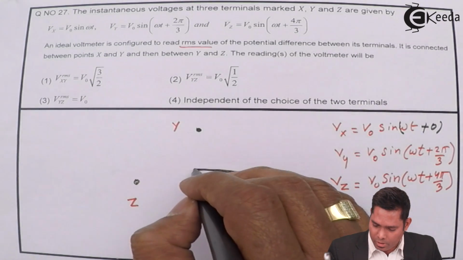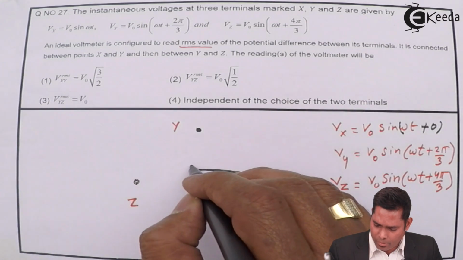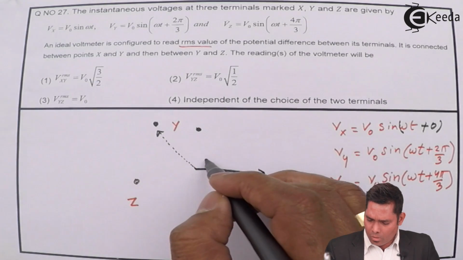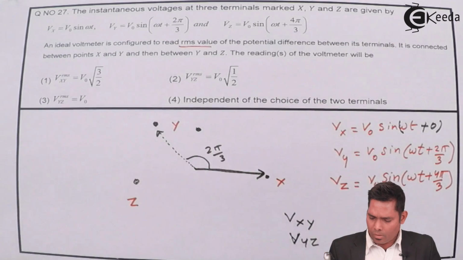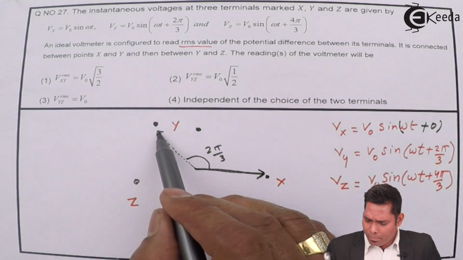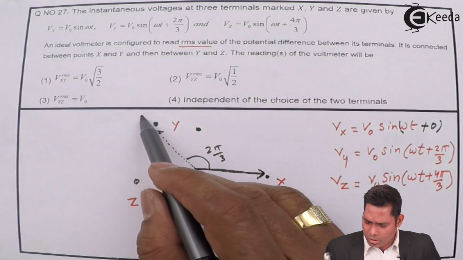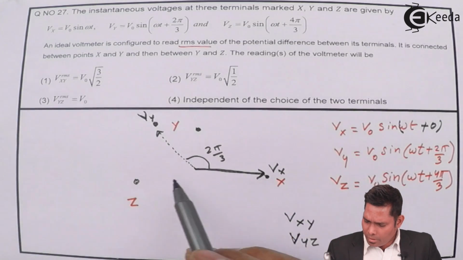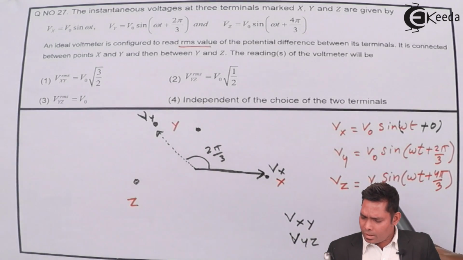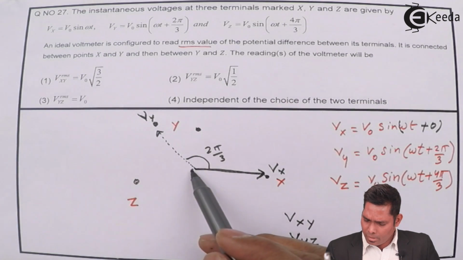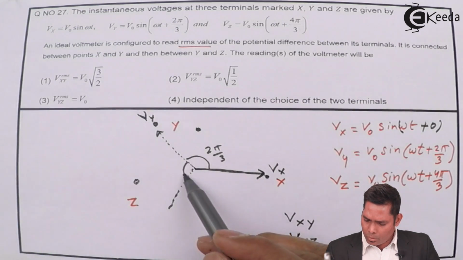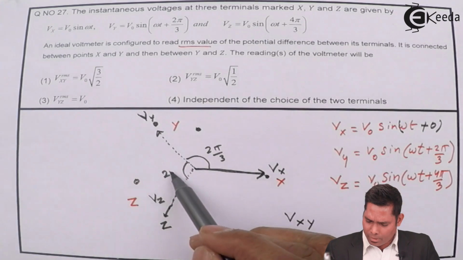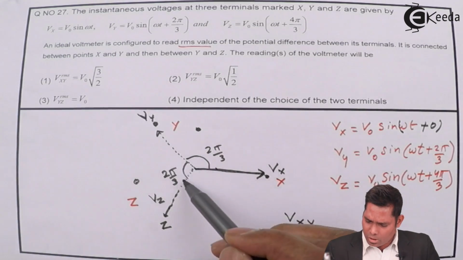And this is Vy here, this is Vx here. Then with respect to this, the other one is leading again by 2 pi by 3. This is your Z terminal, so Vz, again 2 pi by 3. So with respect to X the total is 4 pi by 3.